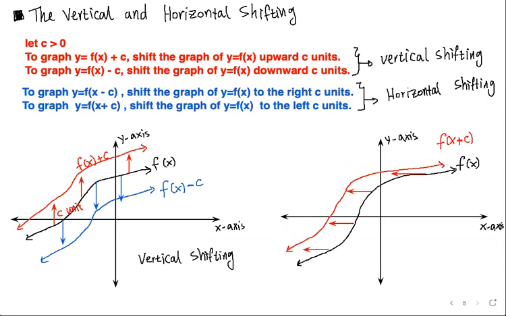Okay, so now if I want to shift this graph to the right, I have to subtract the c from the original function. Move it to the right, like this, c units.